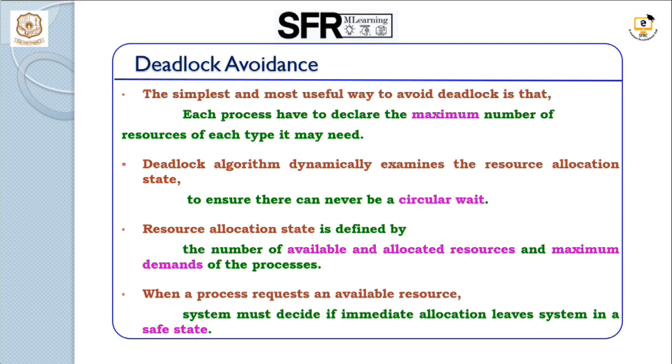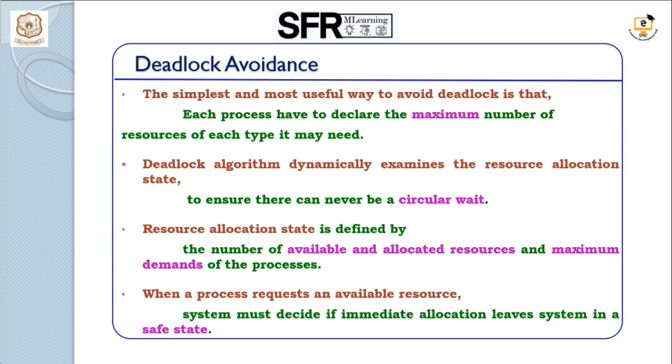It is nothing but the number of available and allocated resources and the maximum demands of the processes. Now when a process requests a resource and the resource is available, the system will decide if immediate allocation leaves the system in a safe state.